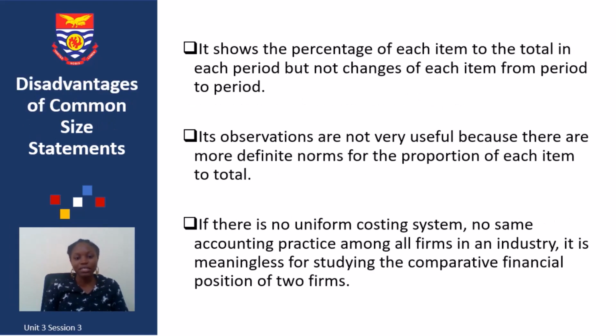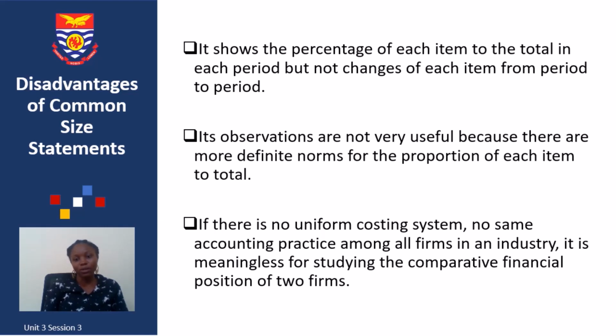Although common size statements have a lot of advantages, they also have their own demerits. One is that they show the percentage of each item in relation to the total for each period, but they do not regard the changes of each item from one period to the other.